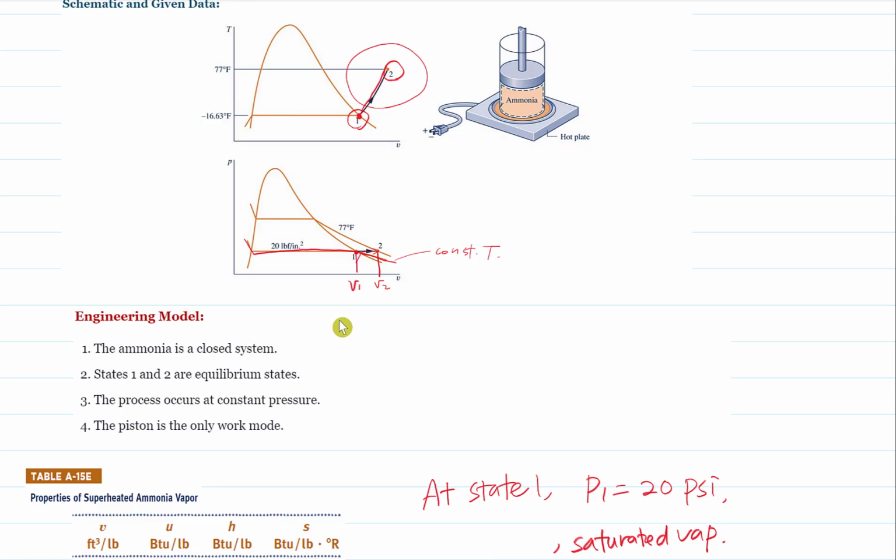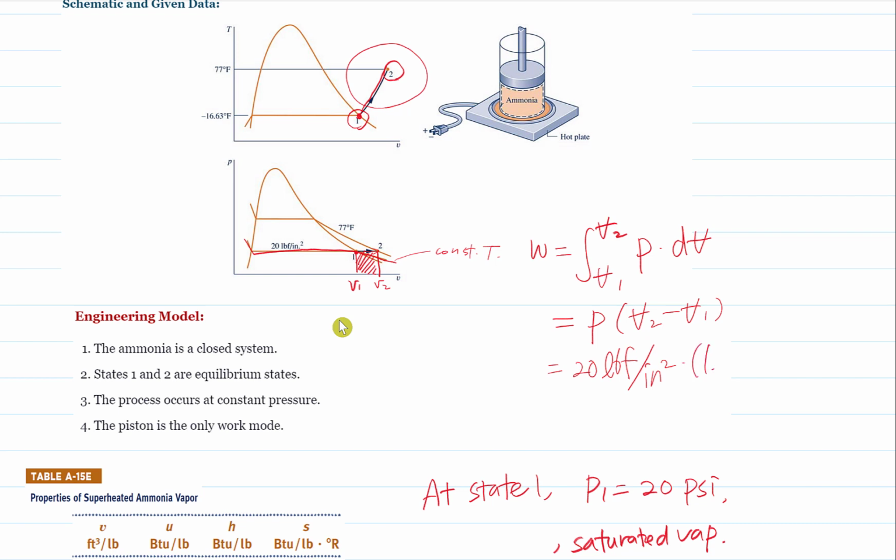Work is this area. So work is calculated as the integral of P dV as the volume changes from V1 to V2. Since pressure is constant, it is pressure times the volume change. Pressure is 20 pounds-force per inch squared, times the volume change.